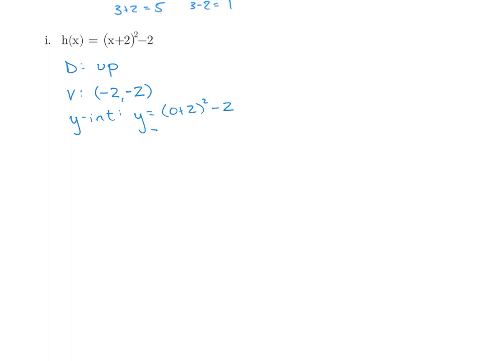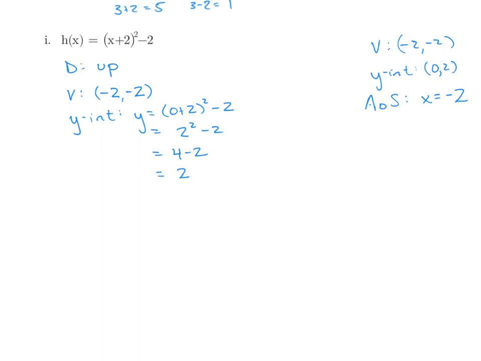If we simplify, 0 plus 2 is 2. 2 squared is 4. Minus 2 is 2. All right, so we got our vertex is (-2, -2). We've got our y-intercept, which is (0, 2). And we have our axis of symmetry, which is x equals the x coordinate of the vertex, or -2.